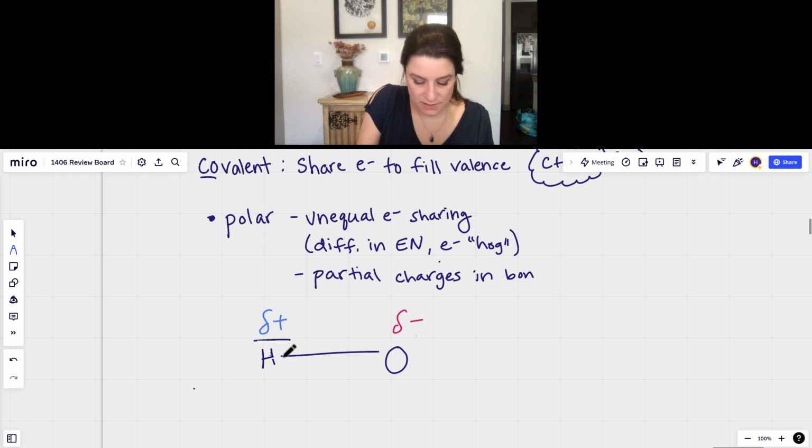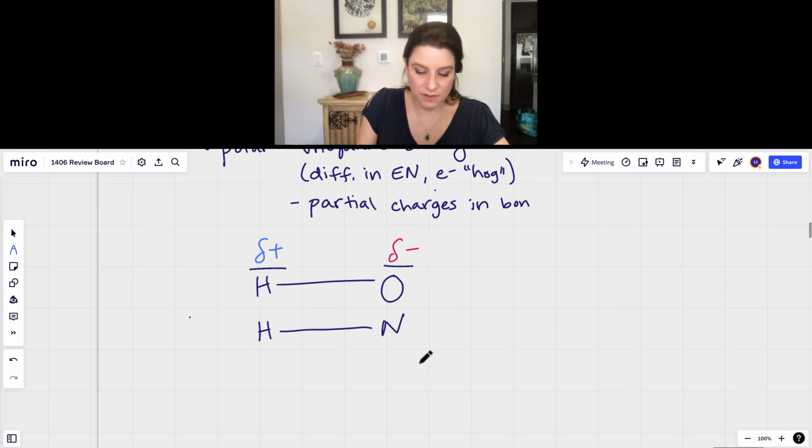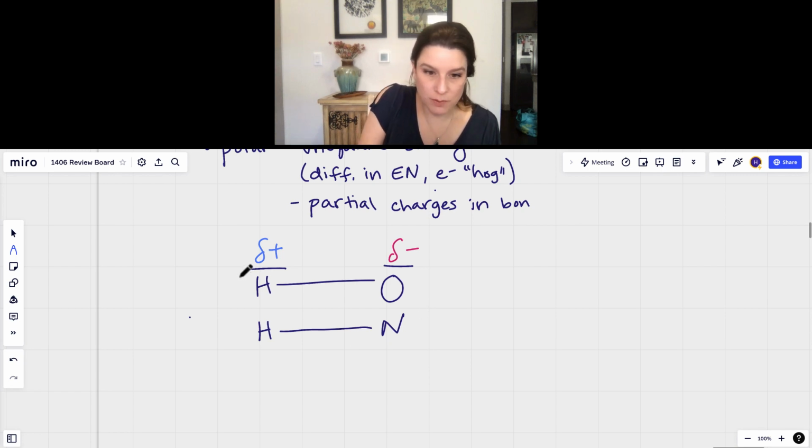Another one is the hydrogen-nitrogen bond. Same thing, the nitrogen is the electronegative hog, so it's partially negative, versus the hydrogen, which is partially positive. Those are the two most important polar bonds in biology.